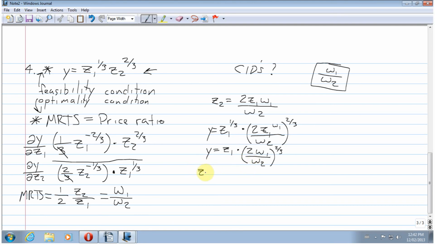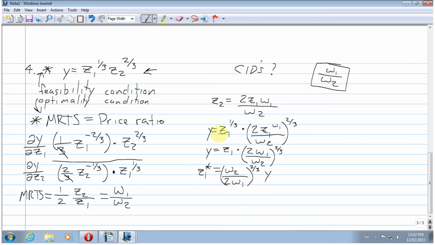And then once I've solved for it as a function of y, I can put a star on it. So I'm just going to multiply both sides by the inverse of this expression here. So it's going to be w2 over 2w1 to the power 2 over 3 times y. That is my conditional input demand for z1.